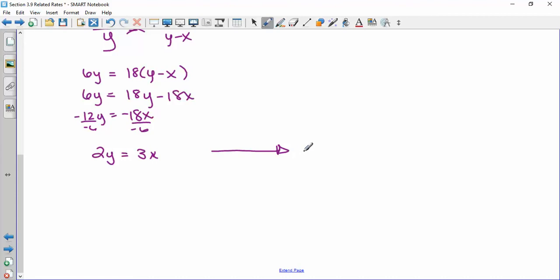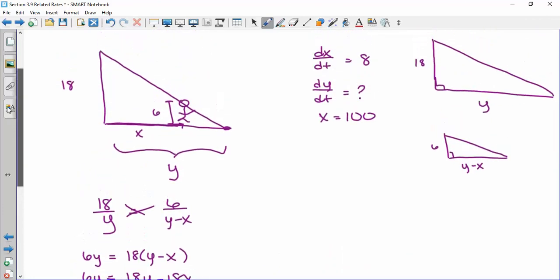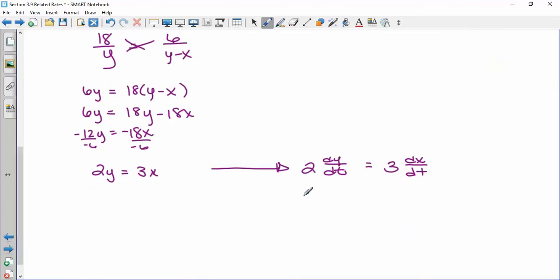So now I'm going to do my derivative of that. So what would be the derivative of 2y? 2 dy dt. And what's the derivative of 3x? So then we plug in what we know.